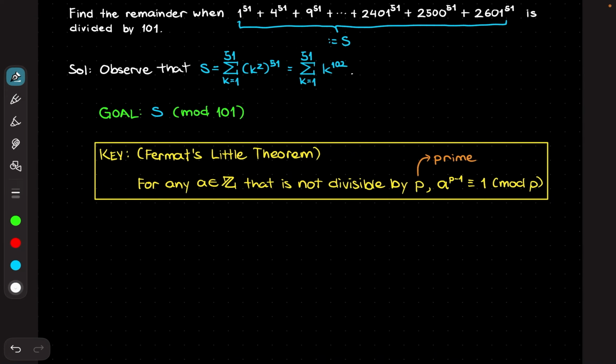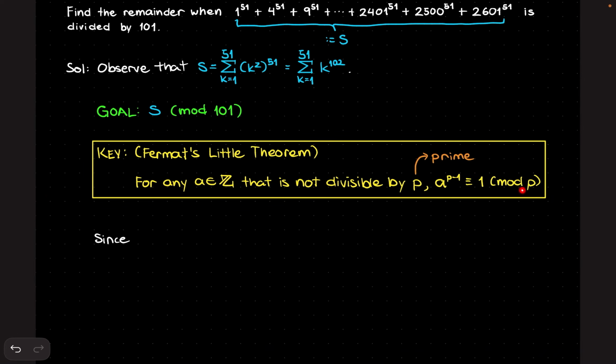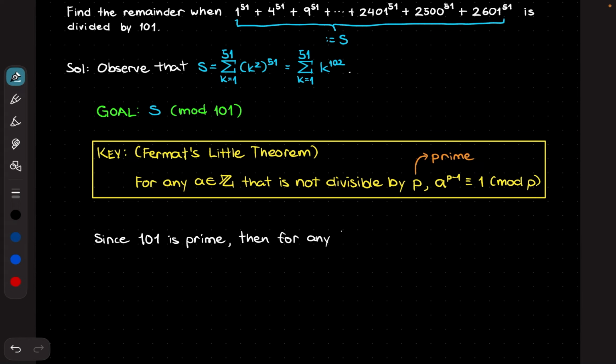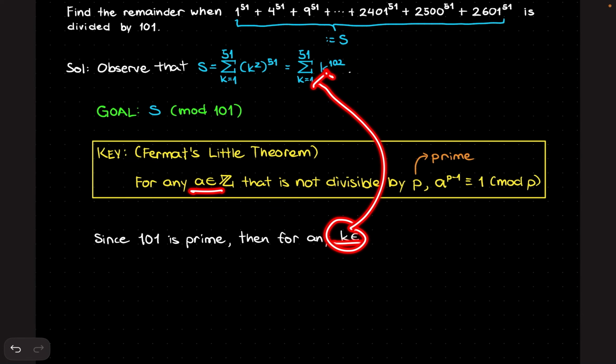In our case, since we have mod 101, and you can check that 101 is actually prime, then by Fermat's Little Theorem, for any k, instead of a, we'll be using k here, because our k here represents the k out here.